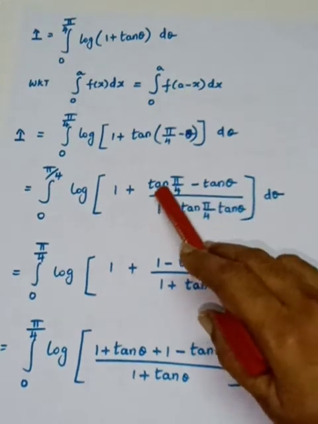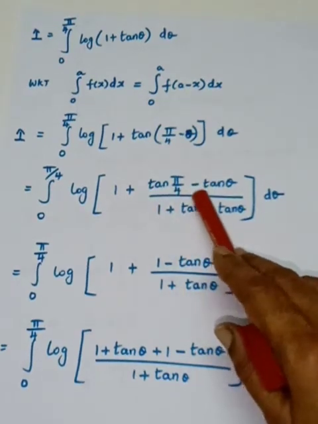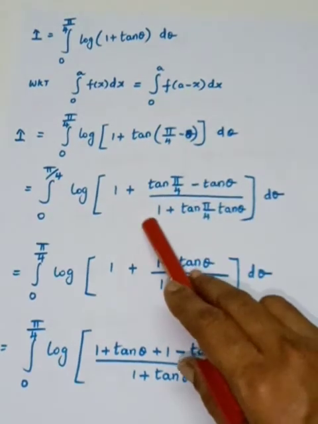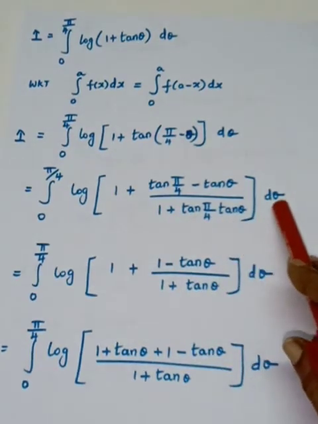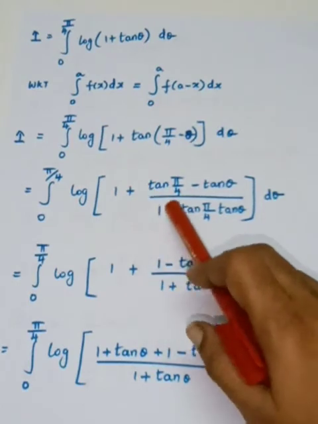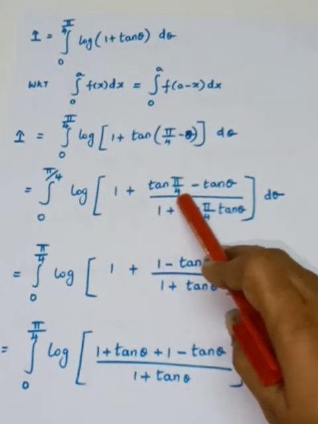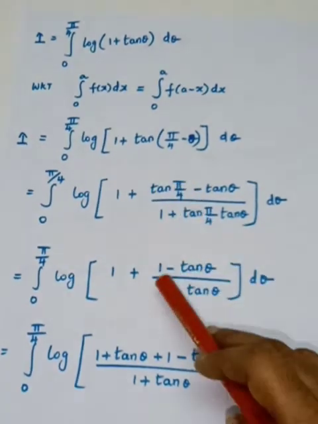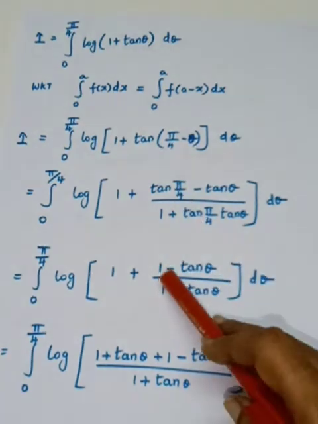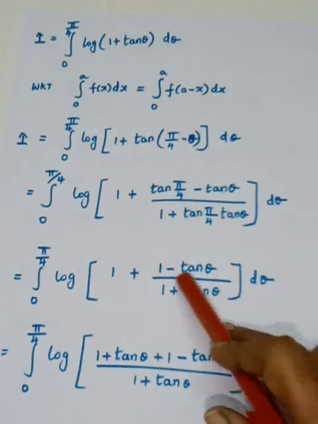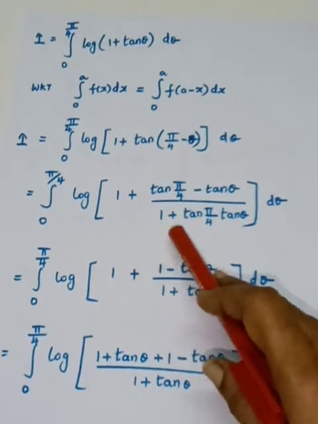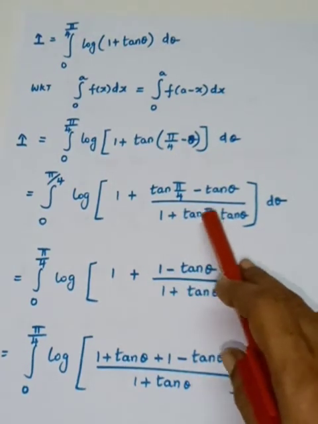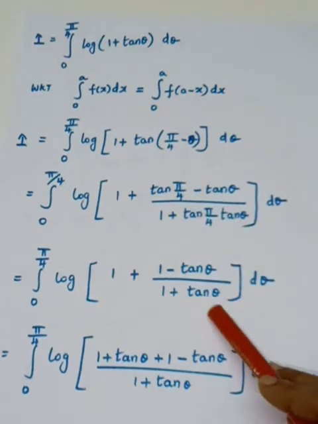So it is tan pi by 4 minus tan theta divided by 1 plus tan pi by 4 tan theta into d theta. What is tan pi by 4? Pi by 4 is 45 degree. So tan 45 degree is 1. So the numerator is 1 minus tan theta divided by, here this one is written as it is, plus here tan pi by 4 is 1. 1 into tan theta is tan theta.